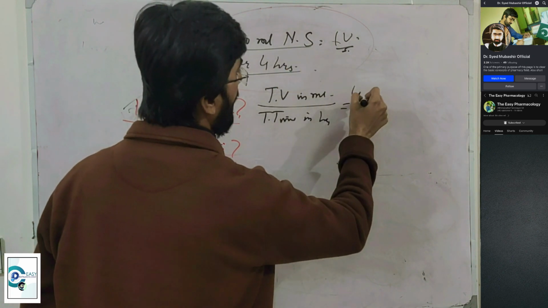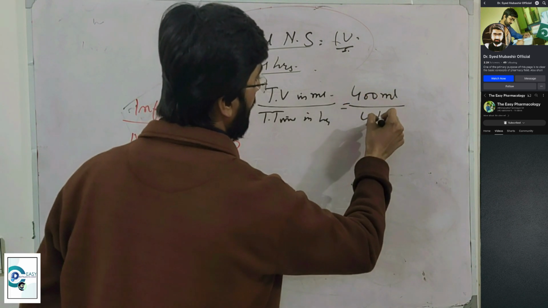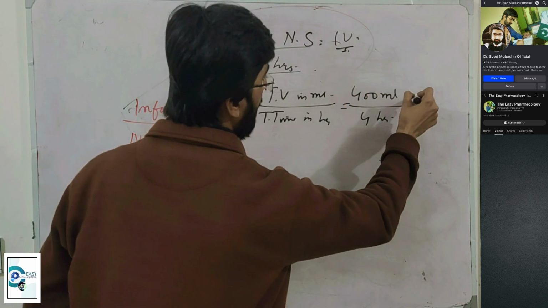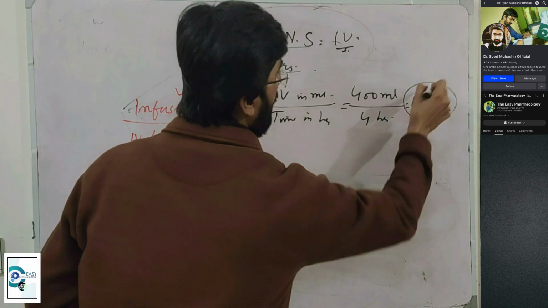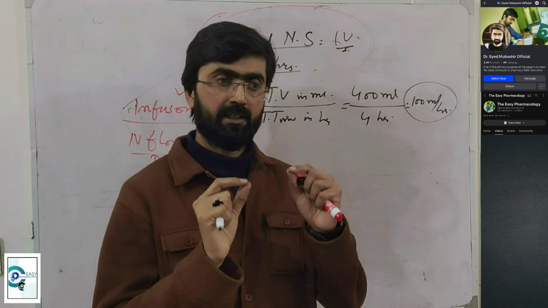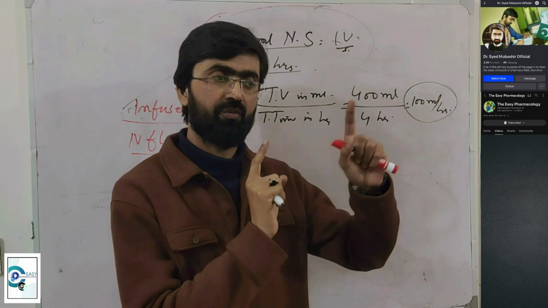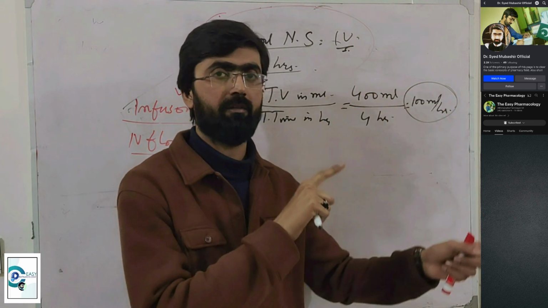Total volume is 400 ml and total time is 4 hours. This will give 100 ml per 1 hour. If you give 100 ml in 1 hour, this will deliver 400 ml in 4 hours.